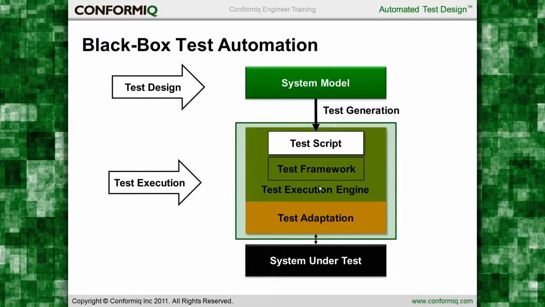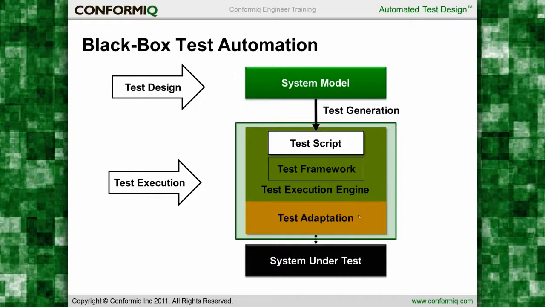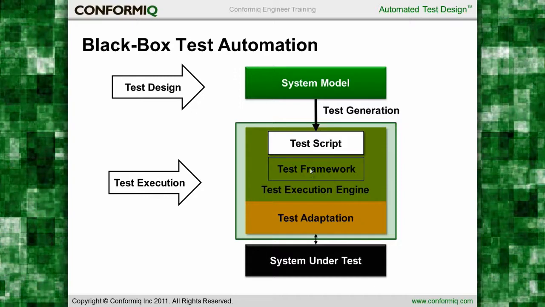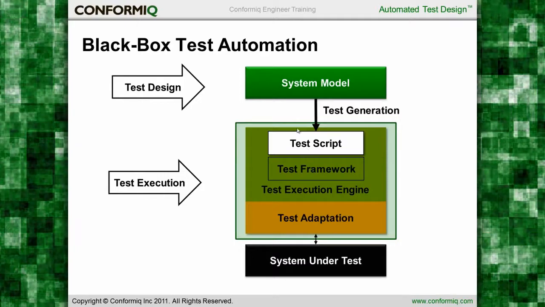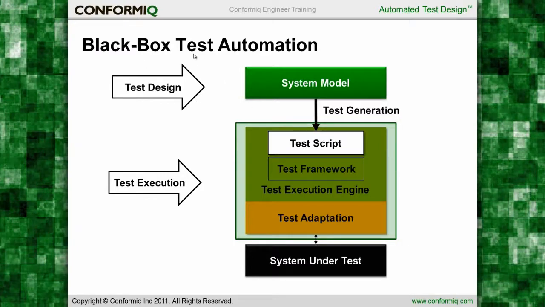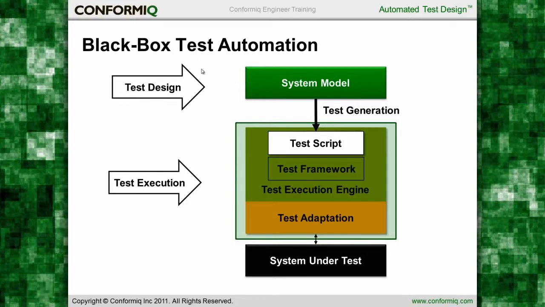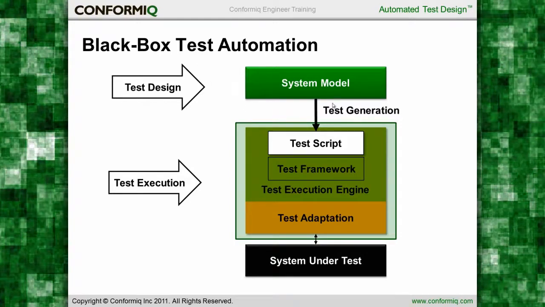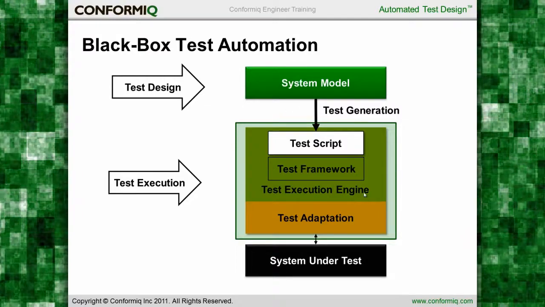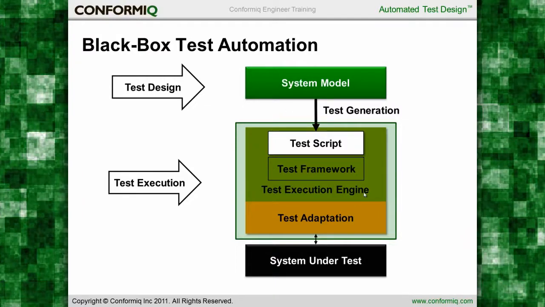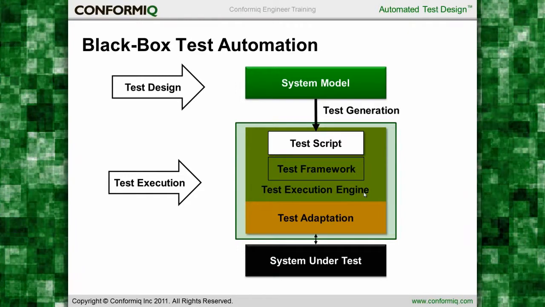And when you use Conformiq Designer and automated test design, this test execution automation remains the same. The difference is that in automated test design, also this test design activity on the top of the stack is automated. So you have Conformiq Designer, which takes a system model and then feeds the test execution subsystem with automatically generated test cases and concrete test scripts.